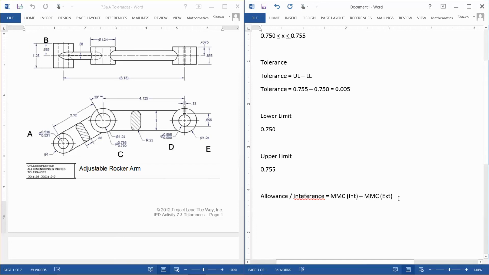Let's start off with my allowance slash interference is equal to the interior hole. When is this part going to have the most material content? That's what MMC stands for, maximum material content. That's when this hole is going to be the smallest. So we're going to use the 0.750.